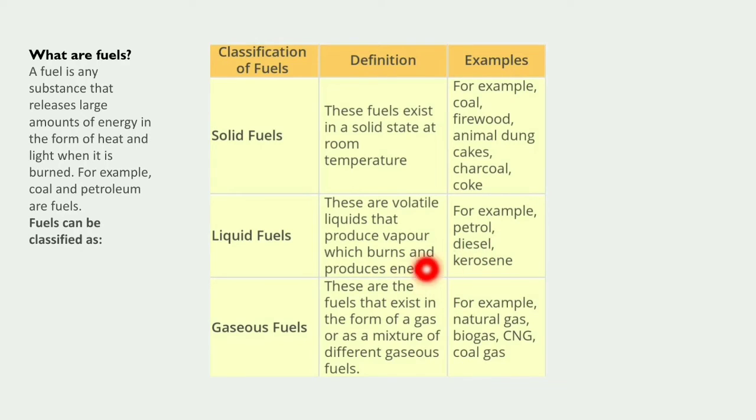Petrol, diesel, kerosene. Alright, they are all in liquid form, so they are the liquid fuels. Next is gaseous fuels. These are the fuels that exist in the form of gas or as a mixture of different gaseous fuels. For example, natural gas, CNG. I told you, the full form of CNG is compressed natural gas. Okay, remember it.